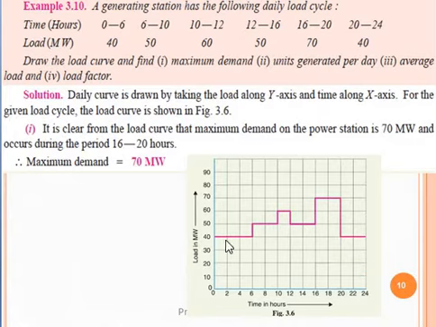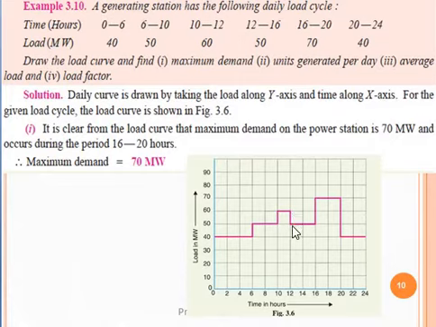First of all, we will take 40 megawatt for 6 hours, then the line will rise by 10 megawatt, then there will be a flat horizontal line which indicates 50 megawatt for 4 hours. Then the line will rise once again, and for 2 hours it will be 60 megawatt.